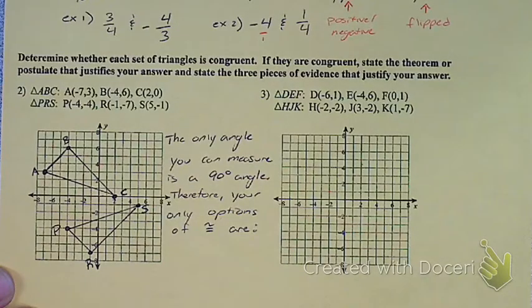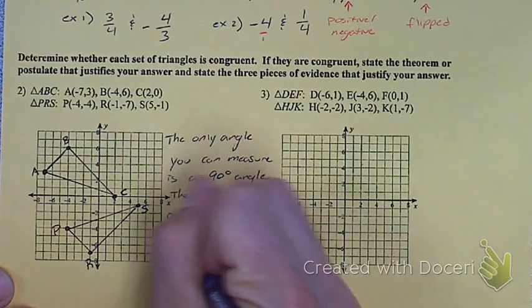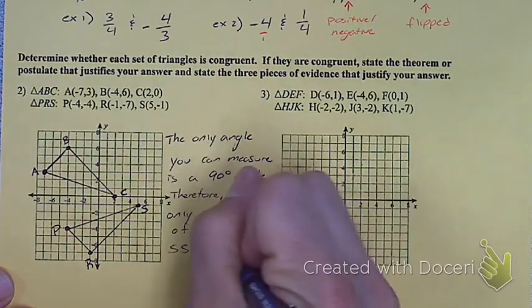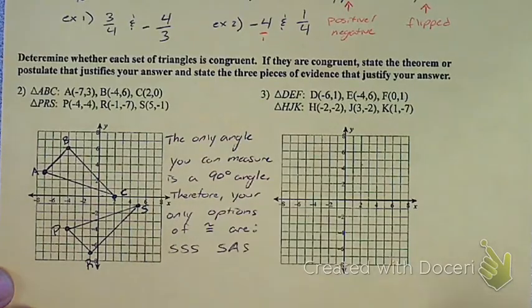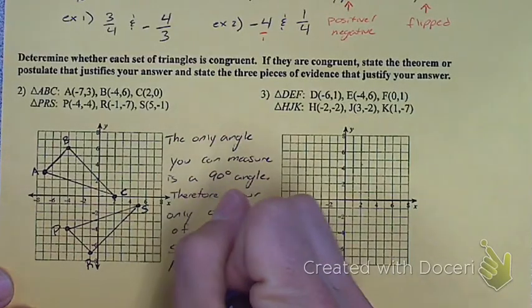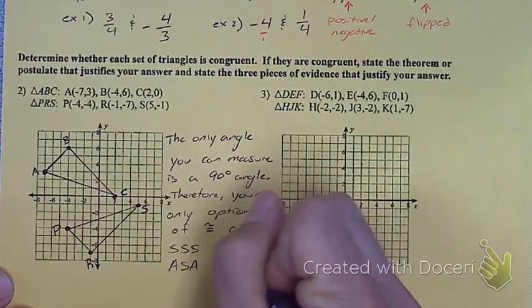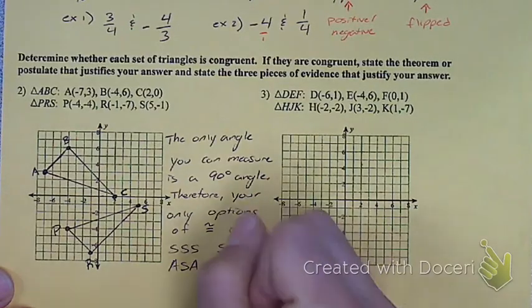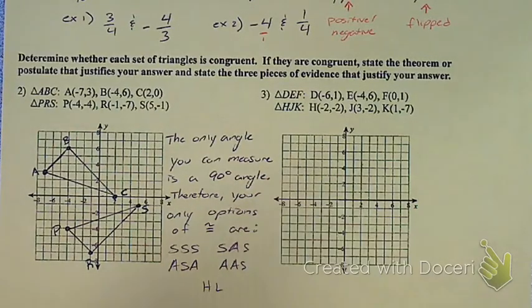What are the 5 shortcuts? Side, side, side. Side, angle, side. Angle, side, angle. Angle, angle, side, and HL.